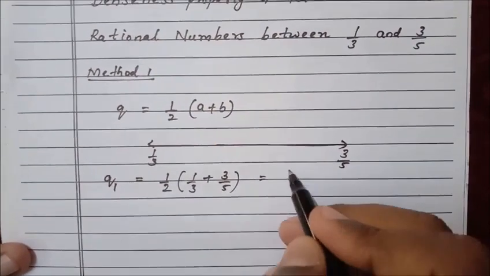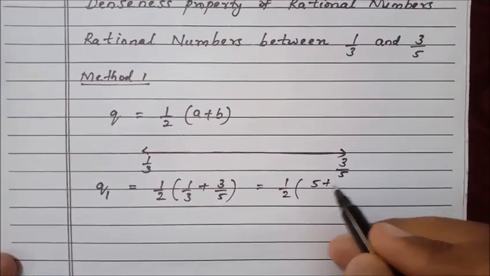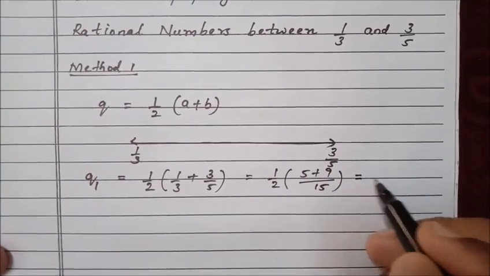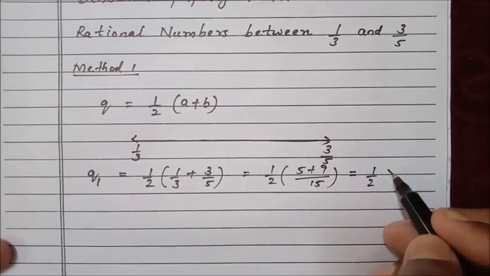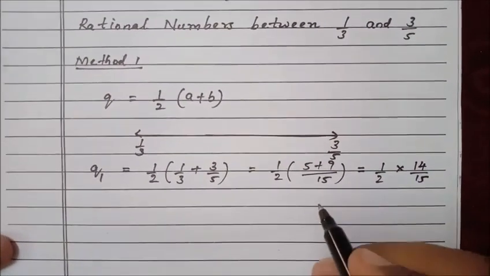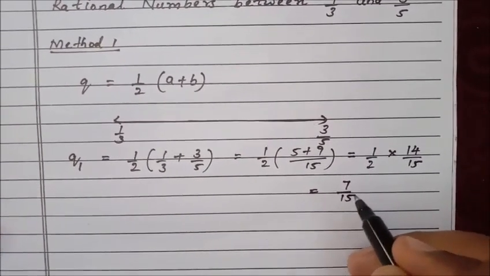Now which is simplified as 1 upon 2 multiplied by 5 plus 9 the whole divided by 15, which is equal to 1 by 2 multiplied by 14 upon 15, which is simplified as 7 upon 15.